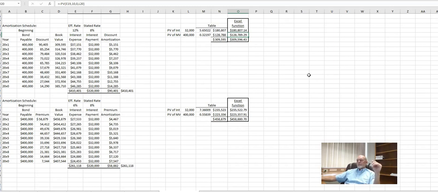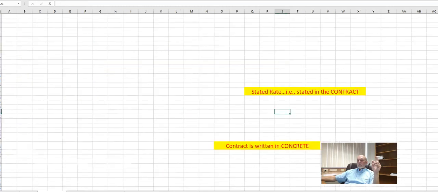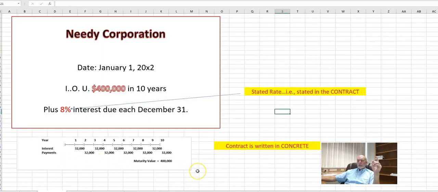But anyway, that's dealing with a bond payable using the effective interest method of amortization and how you calculate the present values. So the key thing is, at the very beginning, understand the contract, lay out the cash flows.